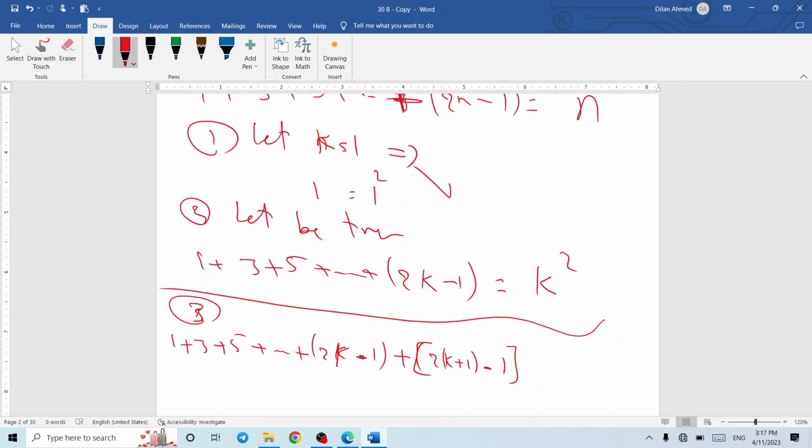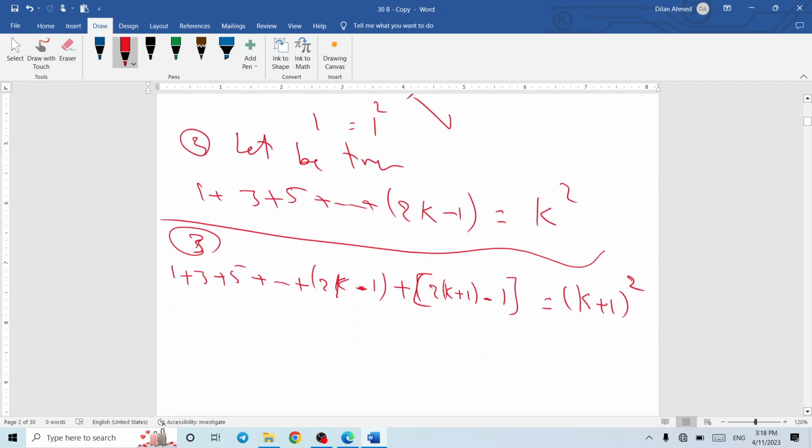Okay? Do you agree with me? It's about thinking, it's not about solving actually. You know this one is equal to 1, 3, 5 up to 2k minus 1, and what else? The next parenthesis is equal to what? I say 2k minus 1. Do you agree with me? No. Plus 1.